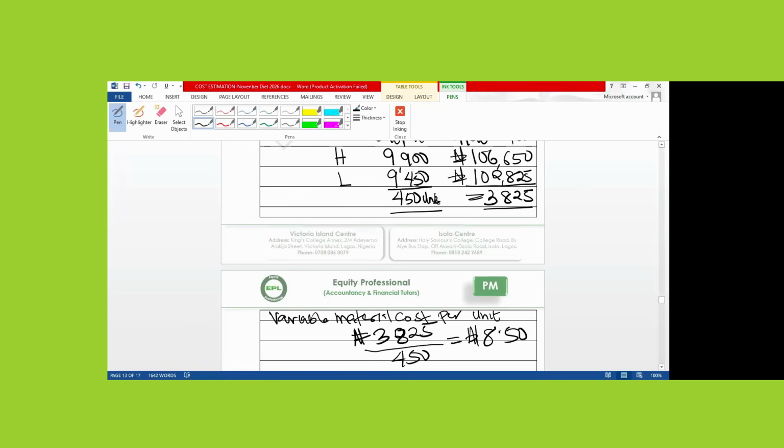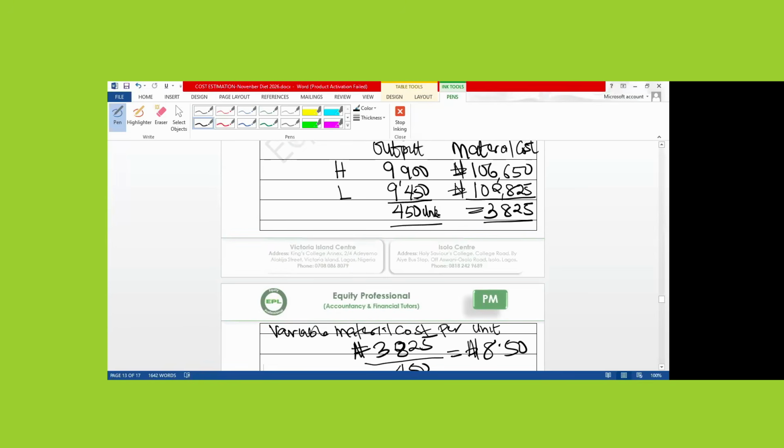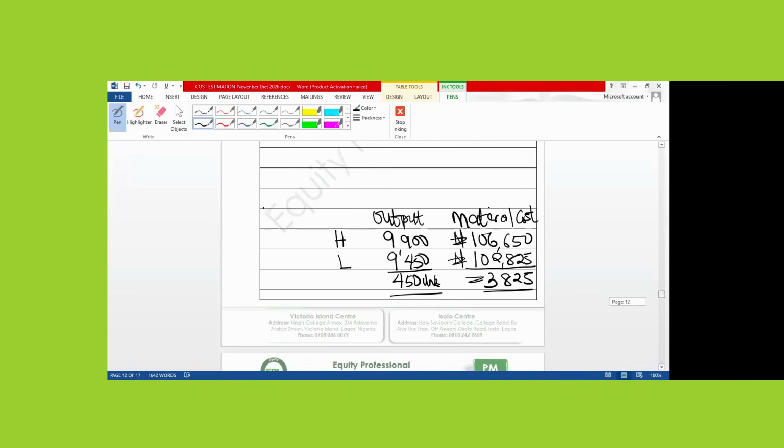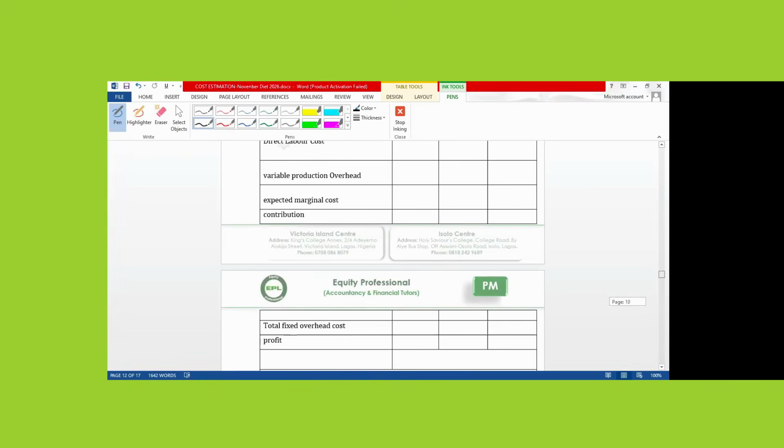So we separated material cost within 100% and material cost above 100%.